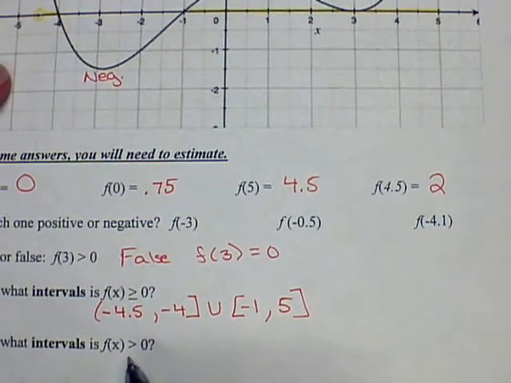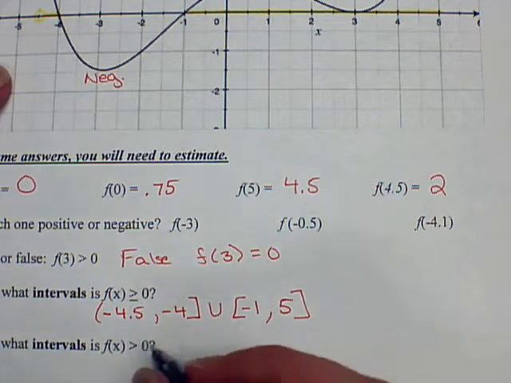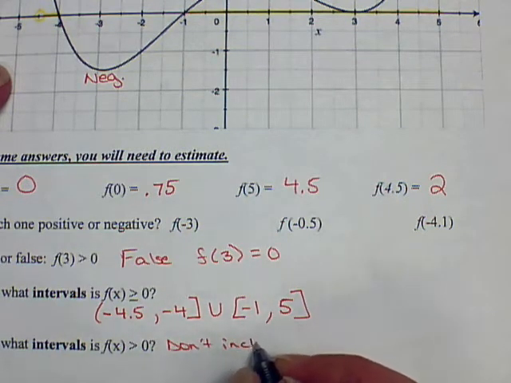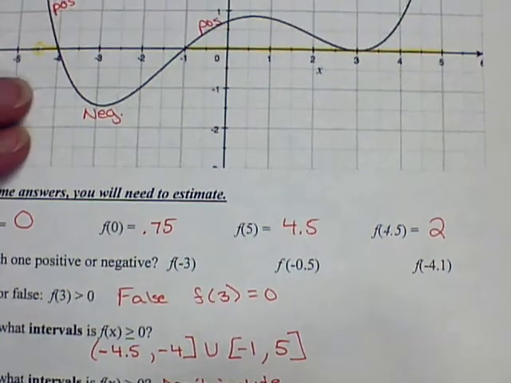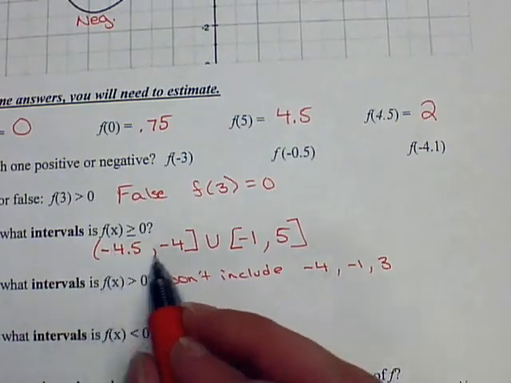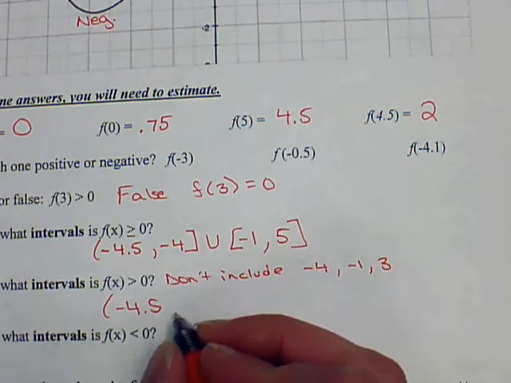But what if we said just greater than? So then we don't include, so which points was where it's equal to 0? We don't include negative 4, negative 1, or 3. Okay, so that means we can still start at negative 4.5, so the y values are positive there.